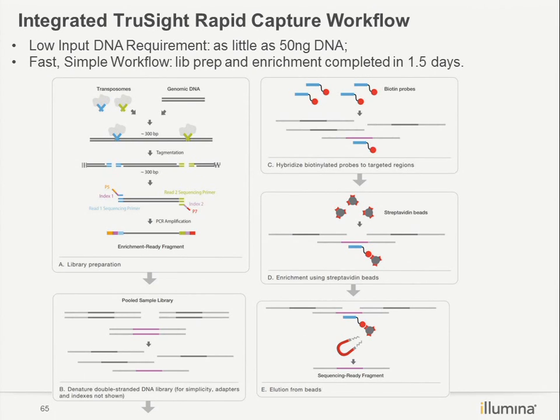So this workflow requires as little as 50 nanogram DNA. So you can finish the library preparation followed by enrichment in 1.5 days, so very fast.